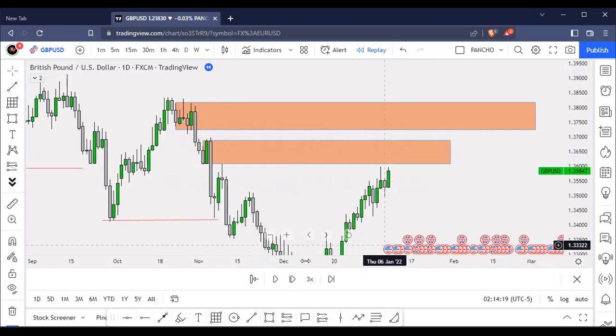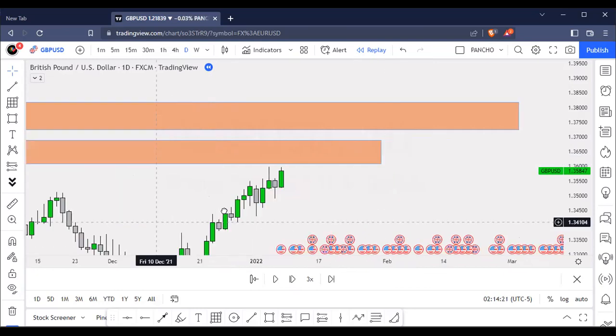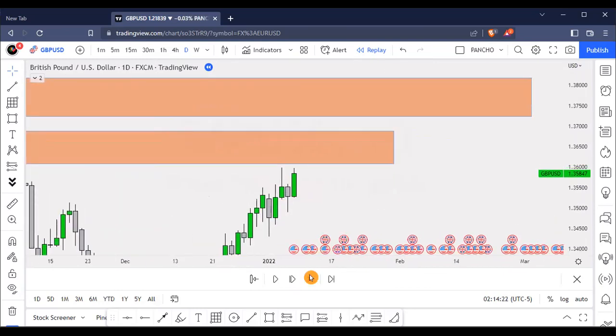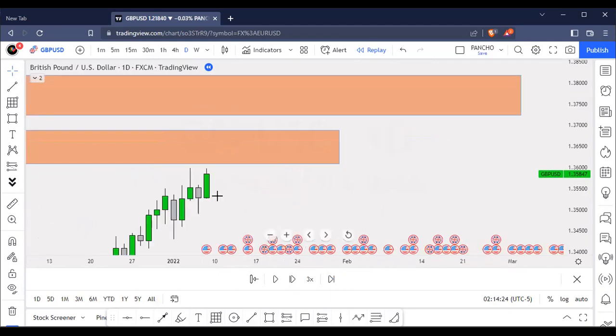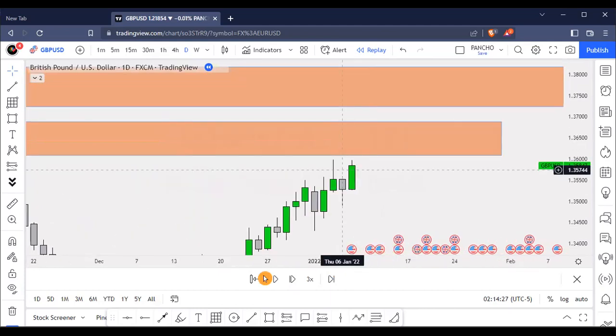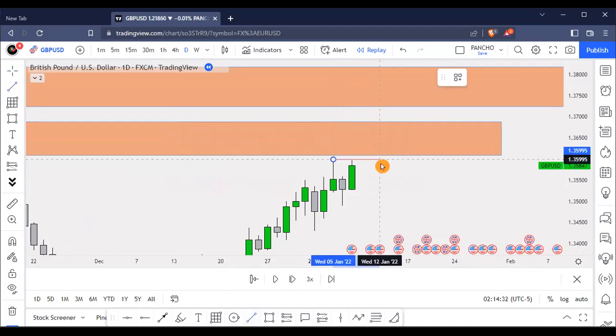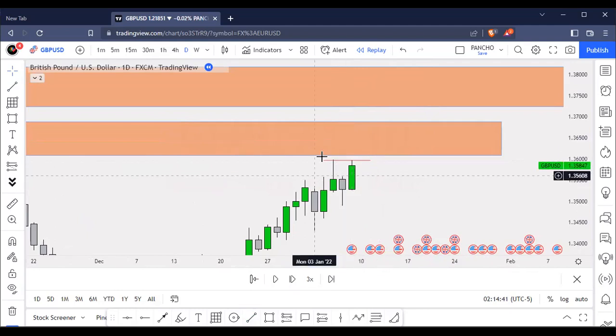If you look closely here, you can see there are some equal highs. We don't have to forget these liquidities, they are very important. Although they are not that clearly equal, these are equal highs.